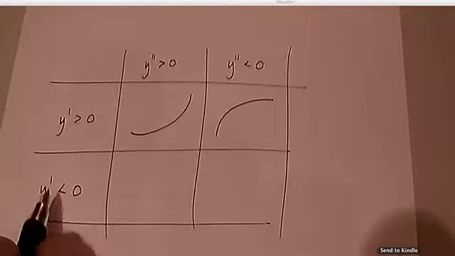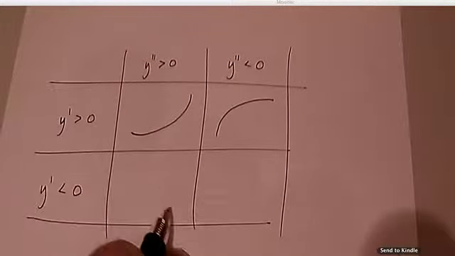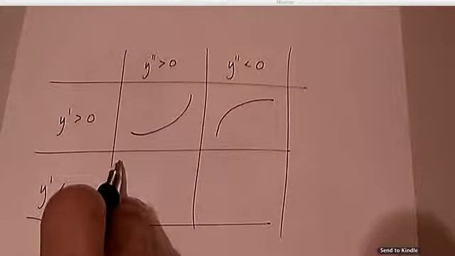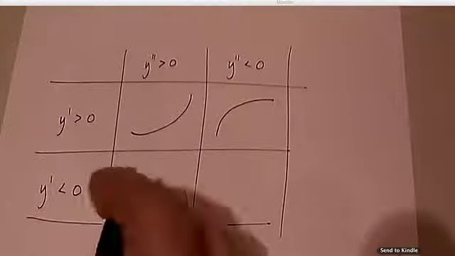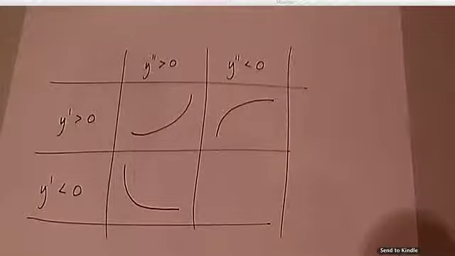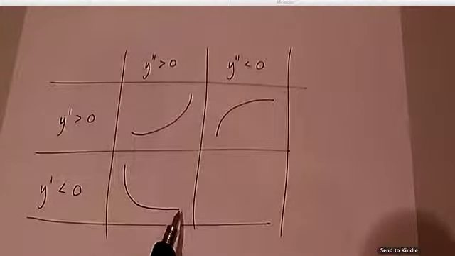Okay, well, let's talk about negative slope. Negative slope looks like this, but if it's positive acceleration, it's negative slope getting less negative. So the slope is negative, but as you go to the right, it's getting more zero-ish. That would be negative slope getting less negative.